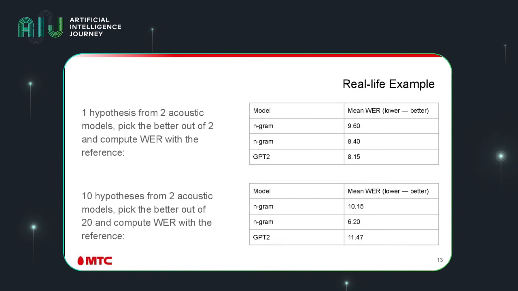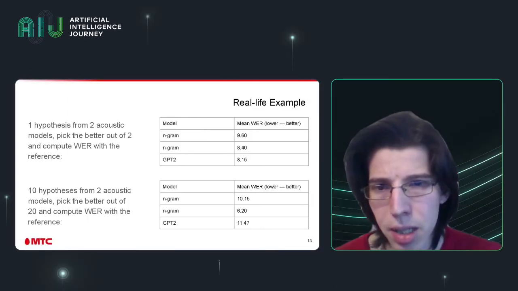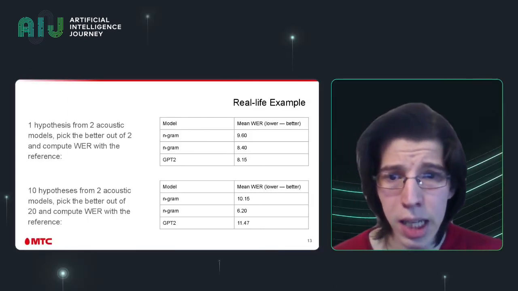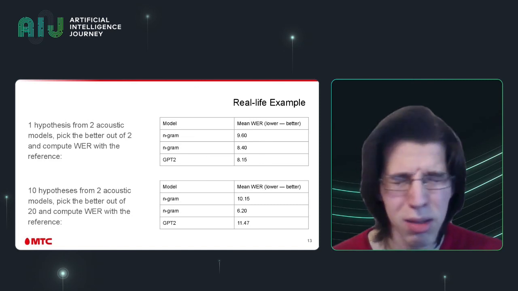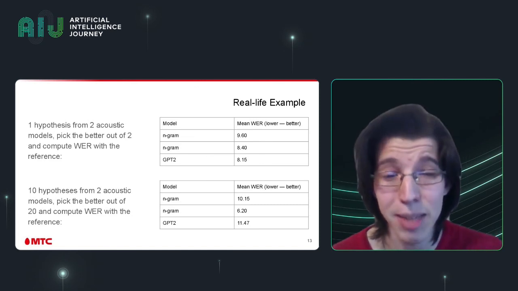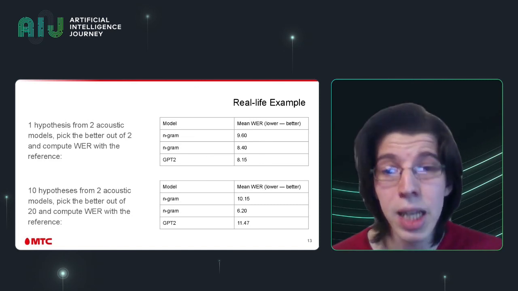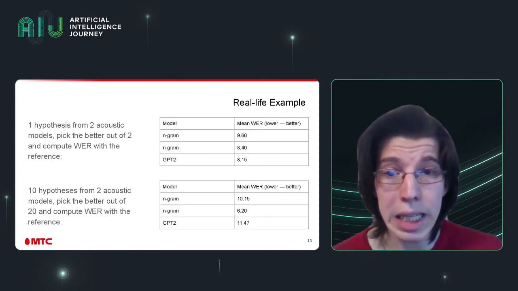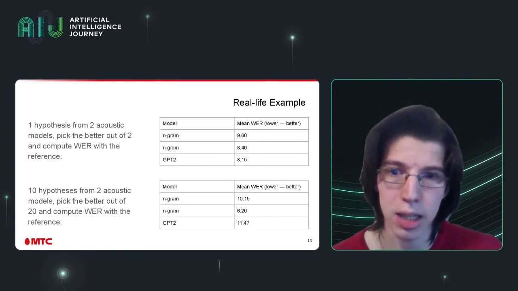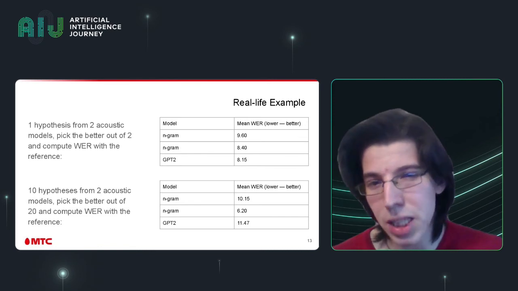Yes, obviously, every 1% is better, from 1 to 0. This is the scale here. Every next percentage is good. Another experiment, two models, 2 n-gram, 2 acoustic models and n-gram, 2 of them, and GPT-2. And in each acoustic model, we have 20 decoders.